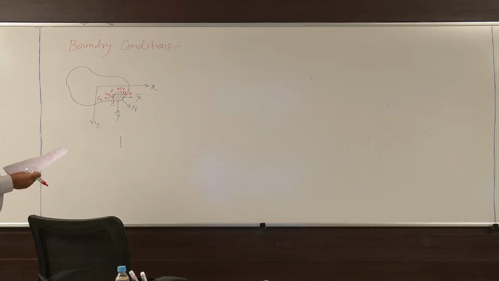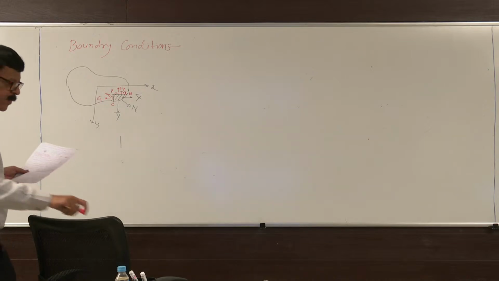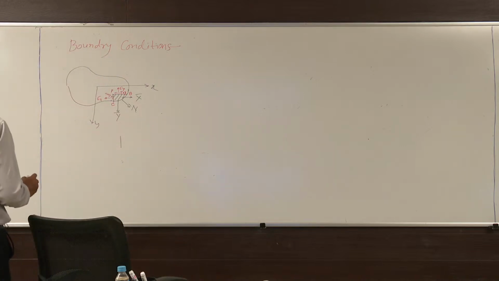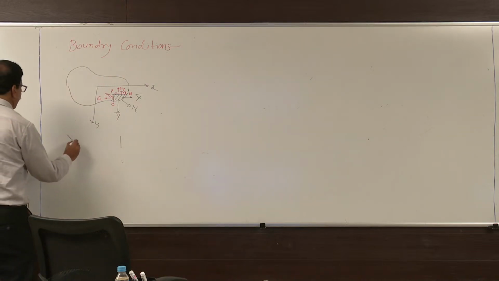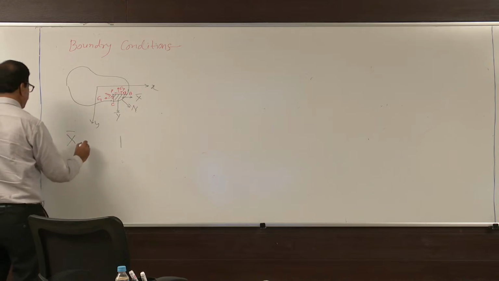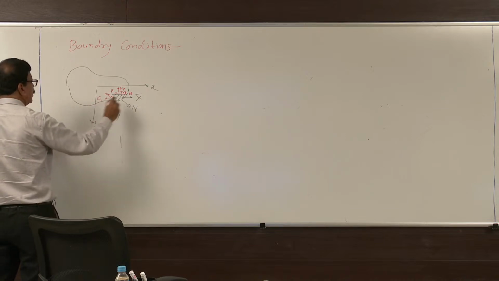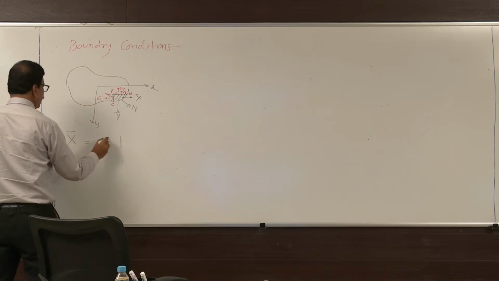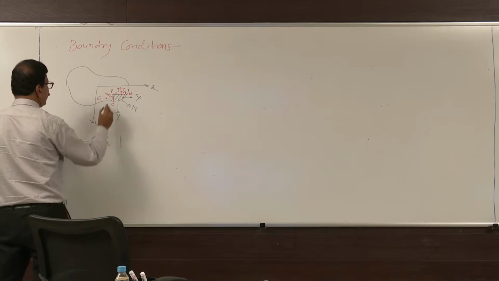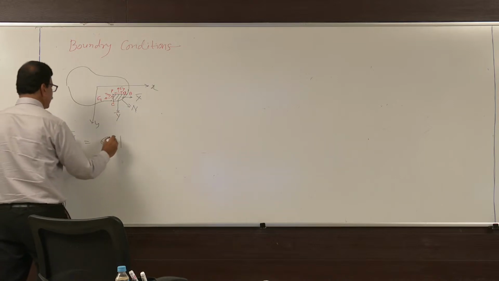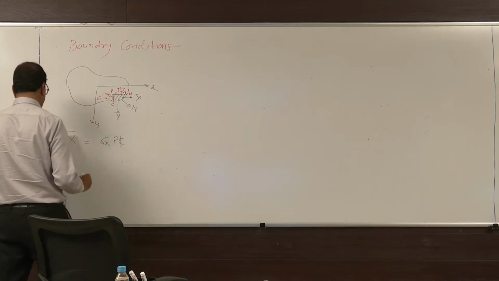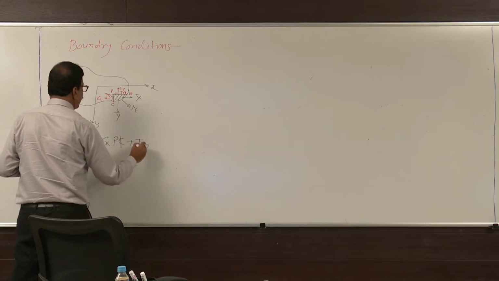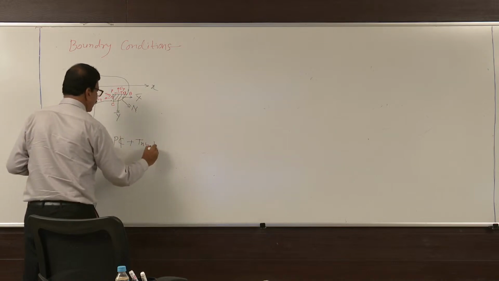X bar, in this direction, is sigma x multiplied by the length PC. The other force is tau xy multiplied by PB.